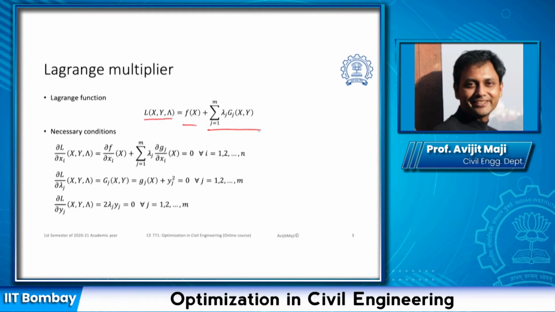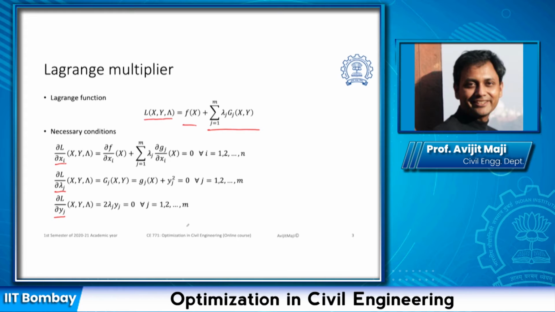Now when we take the partial derivatives of the Lagrange function to obtain the necessary conditions, we can take the partial derivative with respect to the variables, with respect to the Lagrange multiplier, and with respect to the slack variables.